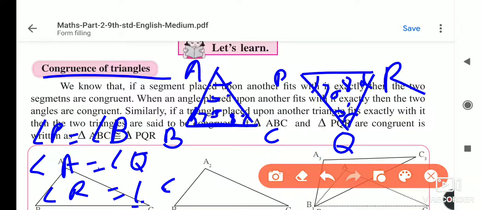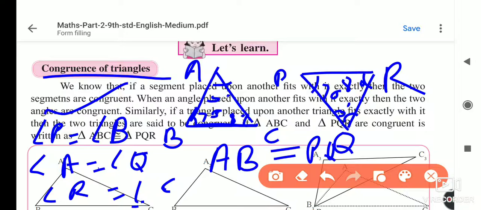Okay, it means all angles are congruent and all sides are equal. AB is equal to PQ in measure. Okay, all sides are congruent, equal in measure. Suppose AB is 5 and PQ is also 5. If this is 6, this is also 6, and this measure is 7, then this is 7.